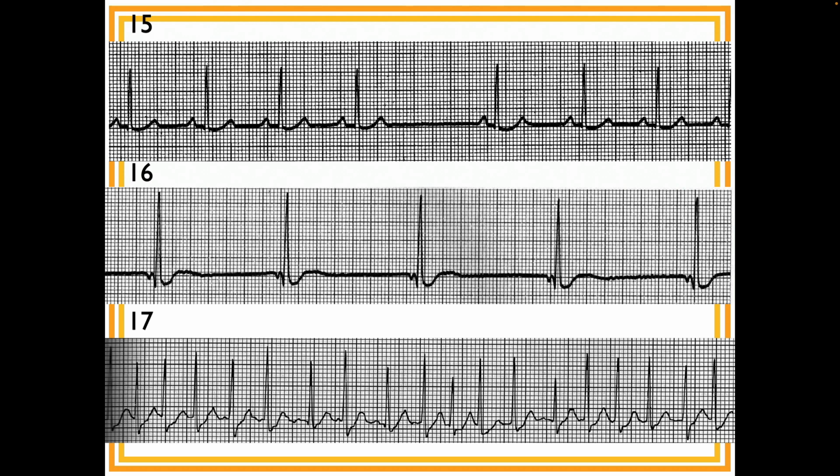P waves are regular and inverted. PRI is 2 boxes, so short. QRS is normal. So I'm gonna say this is a normal junctional rhythm.